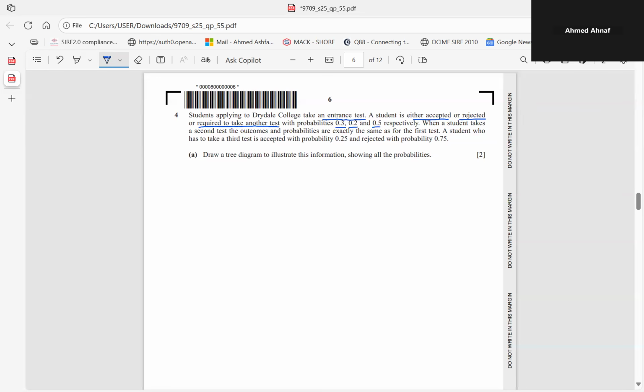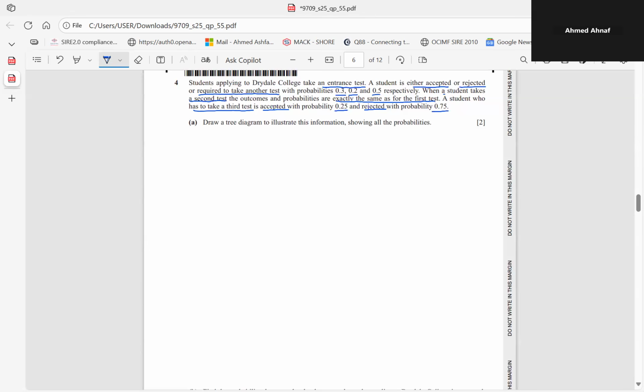When a student takes a second test, the outcomes and probabilities are exactly the same as the first test, so also 0.3, 0.2, and 0.5. A student who has to take a third test is accepted with probability 0.25 and rejected with probability 0.75.